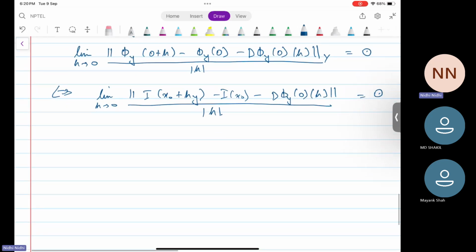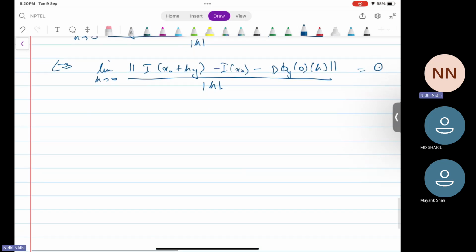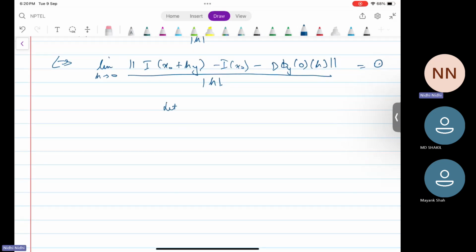Now I want to convert this equation into the form of the derivative of the functional I. So from here I can take z equals h y. Since y is fixed, z will tend to 0 as h tends to 0. This is happening in X. So this will happen if and only if.